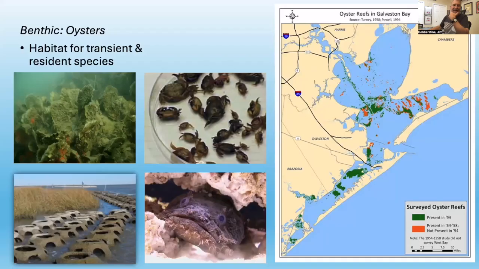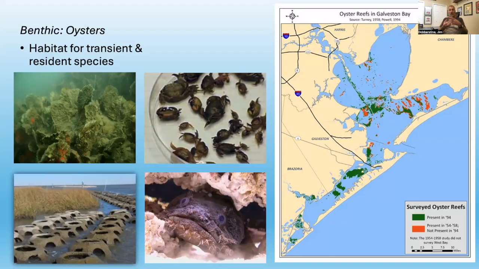So, all right. So benthic habitats are interesting as well. We've talked about oysters before, and oysters are a really important part of our aquatic habitat in Galveston Bay. They're essentially analogous in many ways to coral reefs, right? So if you think about the Flower Garden Banks National Marine Sanctuary, they function in kind of somewhat similarly.